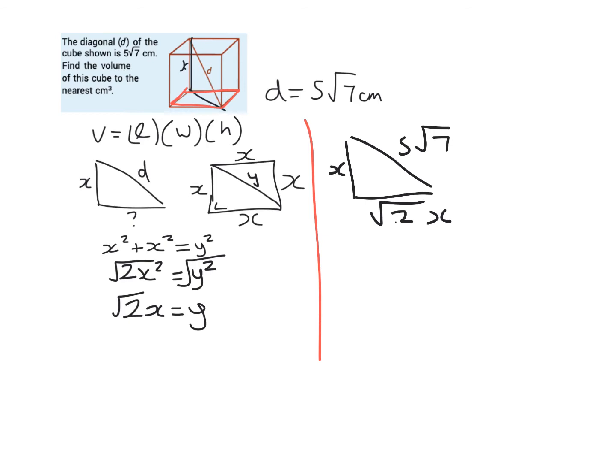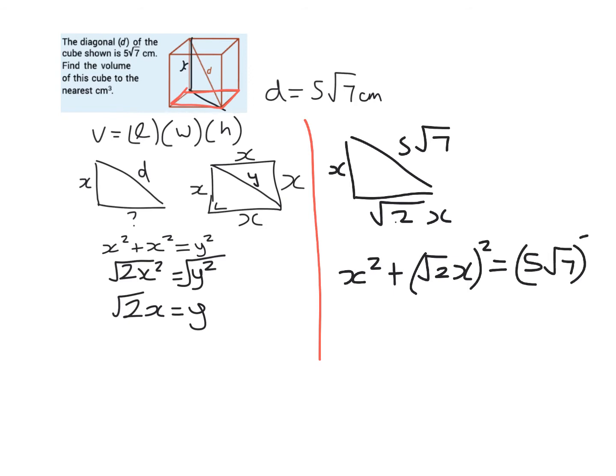Why am I finding all this out? Because I want the value of x. So let's go ahead then. We have x squared plus root 2x all squared, and that's going to give me 5 root 7 squared.